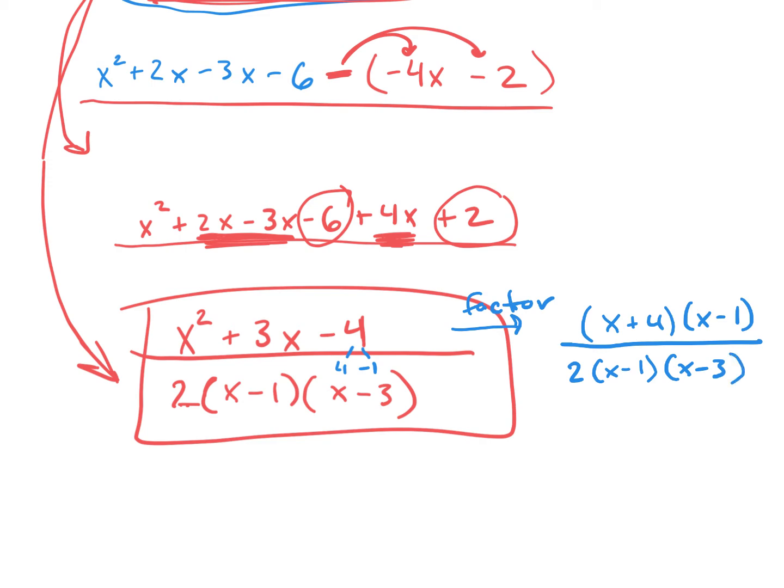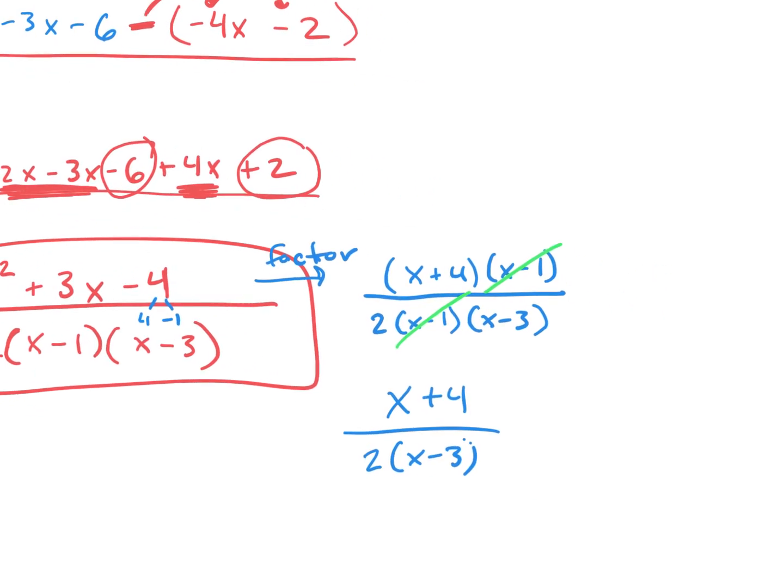Do we have anything in common on the top and on the bottom? X minus 1 and x minus 1. So we can cancel those out. So we are left with what on the top? X plus 4, and what on the bottom? 2 times x minus 3.